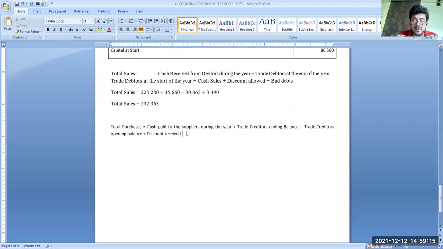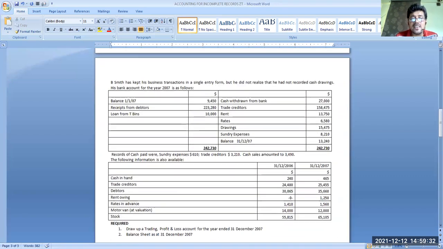Now using this equation, we can calculate total purchases for our question also. Total purchases is equal to cash paid to the suppliers during the year. Yes, this is paid to trade creditors, 158,475.